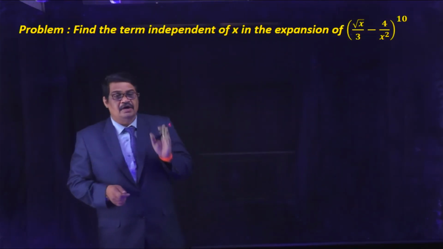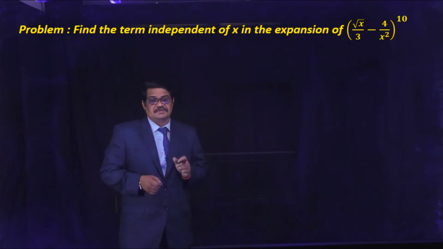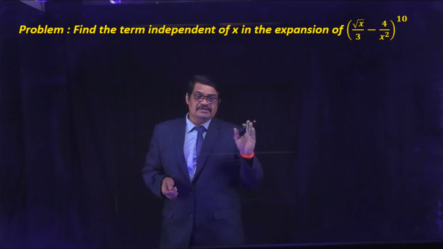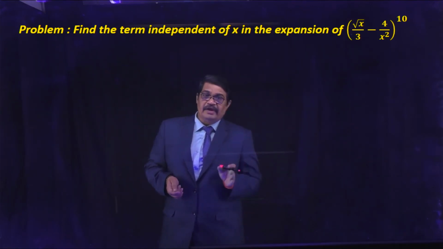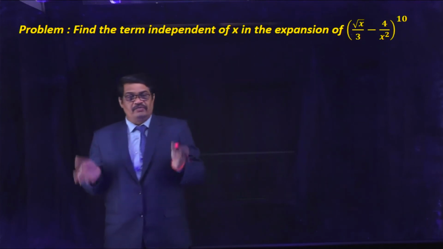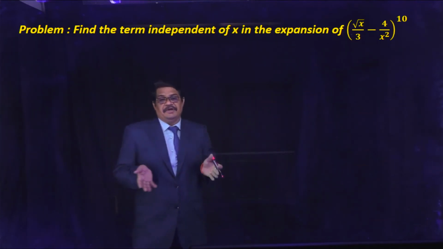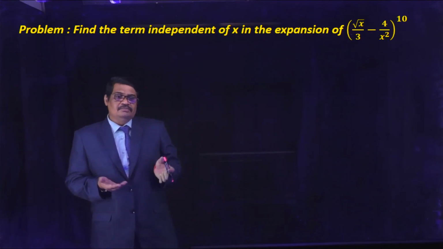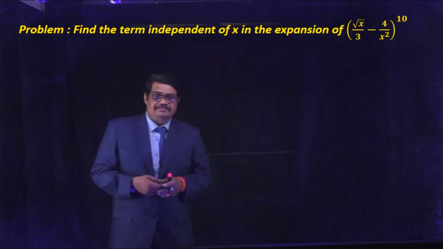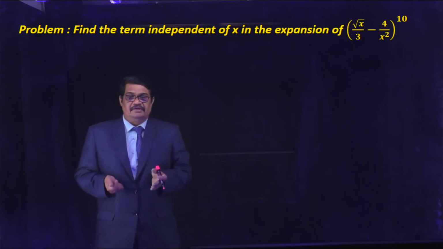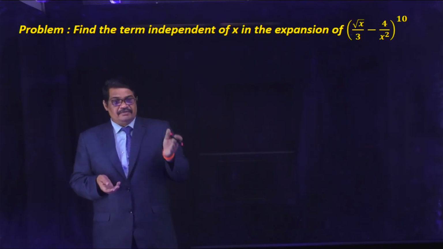Find the term independent of x in the expansion of (root x by 3 minus 4 by x square) whole power 10. In this expansion we have to find the term independent of x. That means in which term there is no x. So without x the term is what we are identifying, that is the term independent of x.